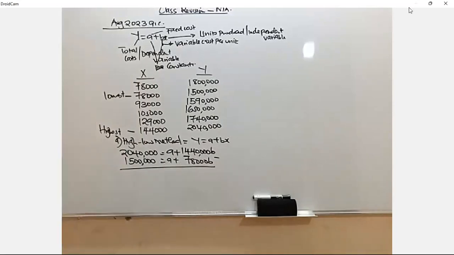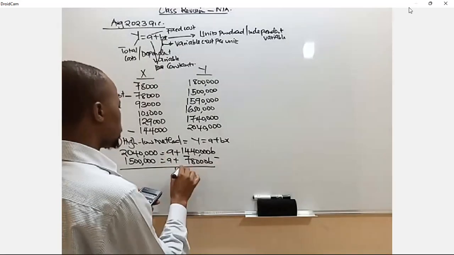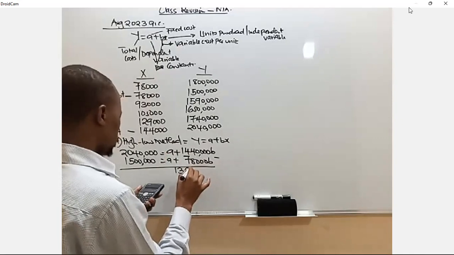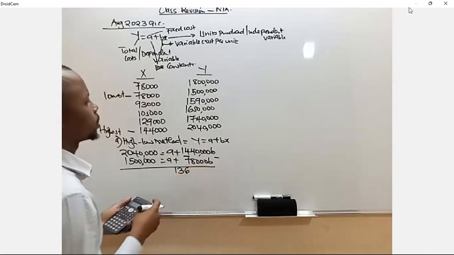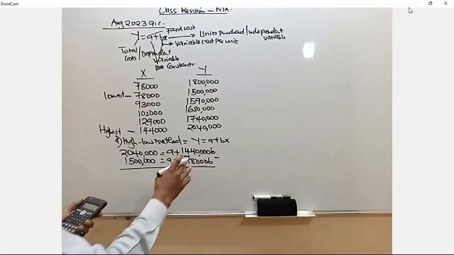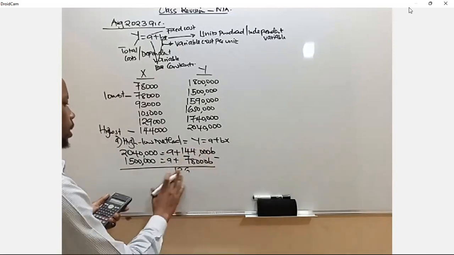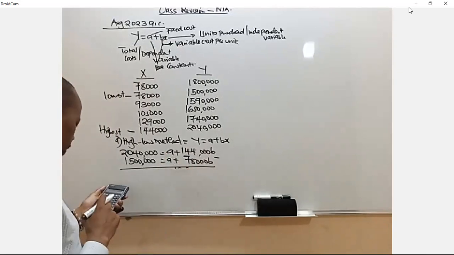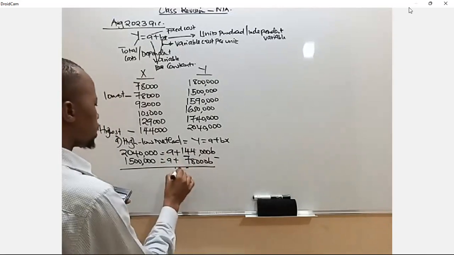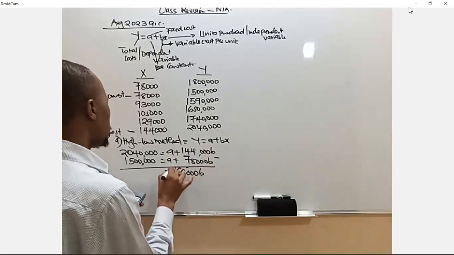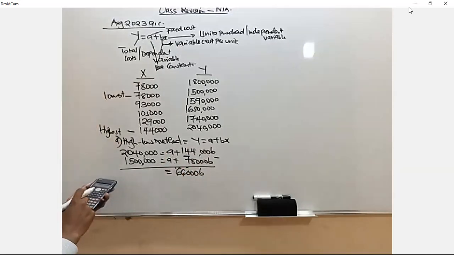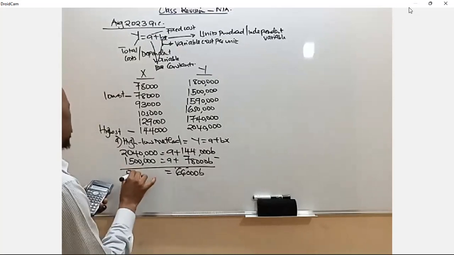So when you are doing the subtraction, it's very simple, because 1A minus 1A gives you 0. But 144,000 minus 78,000 gives us 66,000 B, which should be equal to 2,040,000 minus 1,500,000, which gives us 540,000.